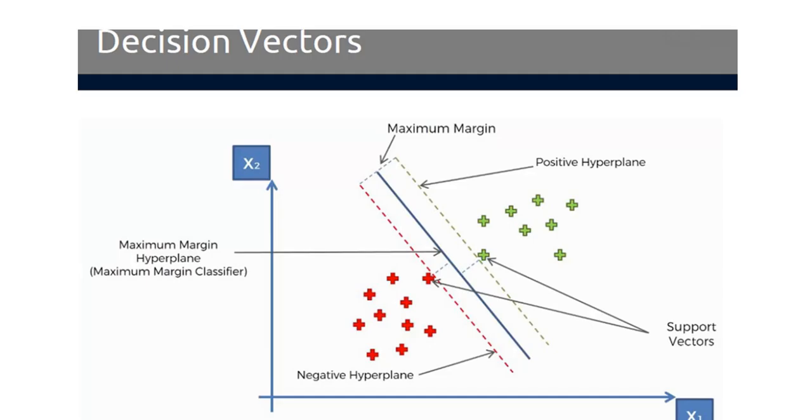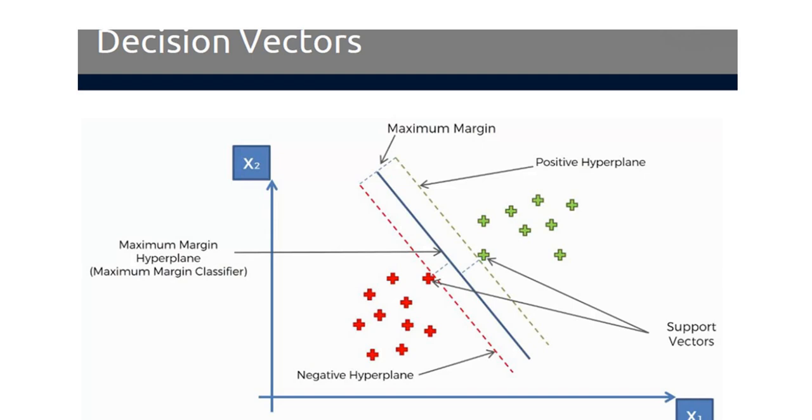So just quickly we'll revise this complete video. X1 is your batting average, X2 is the strike rate, green points are high performing batsmen, red points are low performing batsmen, and the blue line is the maximum margin hyperplane or decision boundary. And what are the closest points?